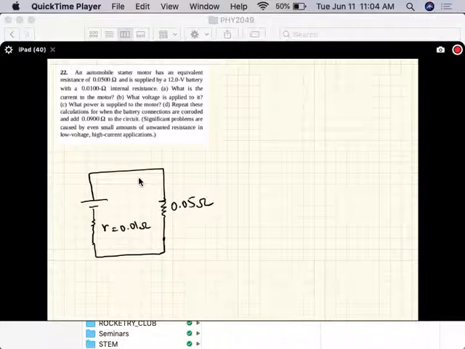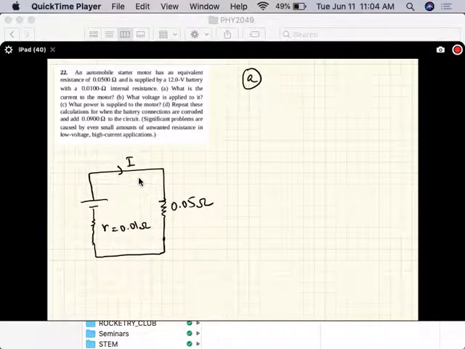And the question is part A, what is the current to the motor? Okay. So let's do one part at a time. Now the current in the circuit is as follows. These two are in series, so the total resistance is this plus that, 0.06 ohms.